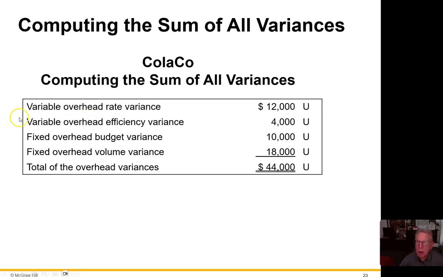And then we had the variable overhead efficiency variance of $4,000. Then we had the fixed overhead budget variance of $10,000 unfavorable, and the fixed overhead volume variance of $18,000 unfavorable. And if we sum all those overhead variances together, it comes out $44,000 unfavorable.